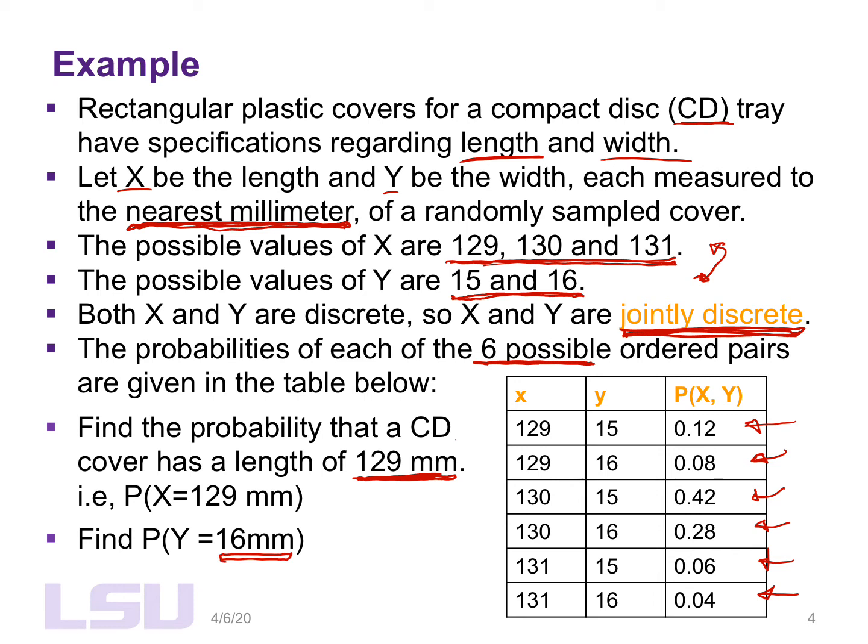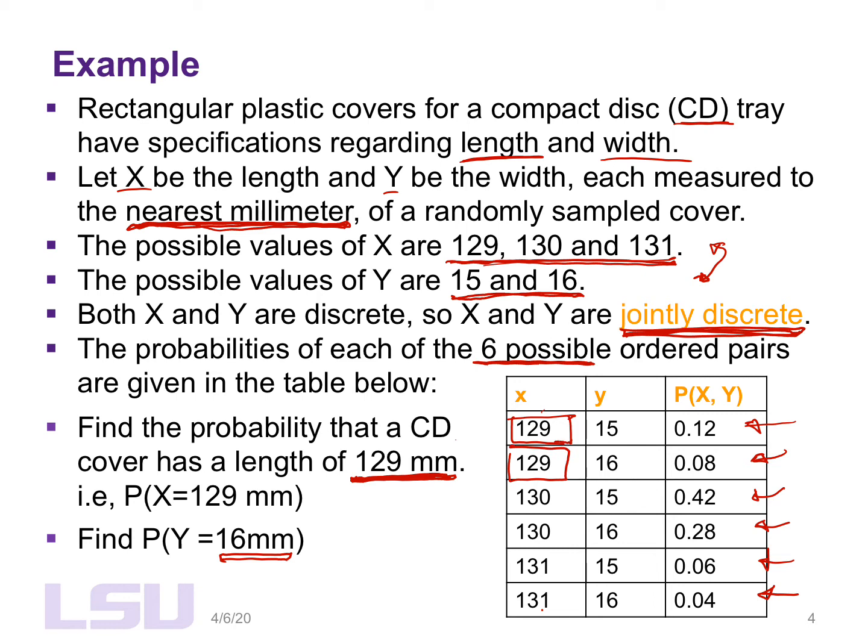And it's really easy to find. Since you've covered the entire possibilities, you need to just sum up the probabilities where it has a length of 129. So where does it have a length of 129? Here and here. That's it. Everywhere else, it's more than 129.